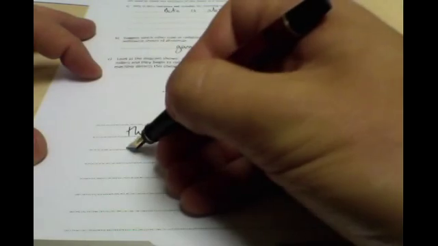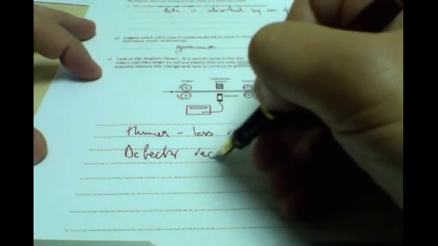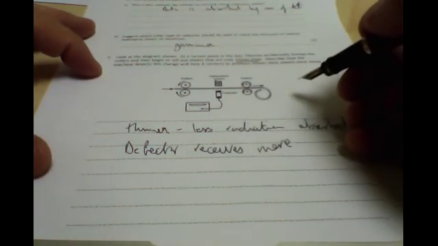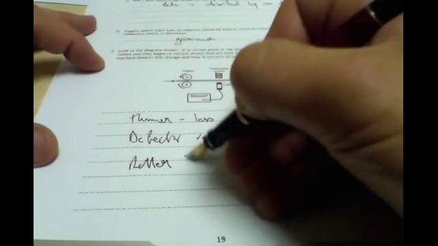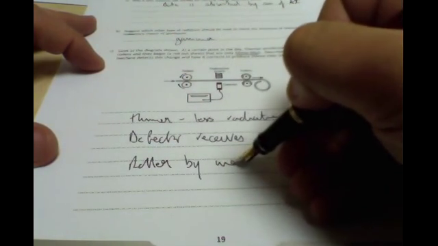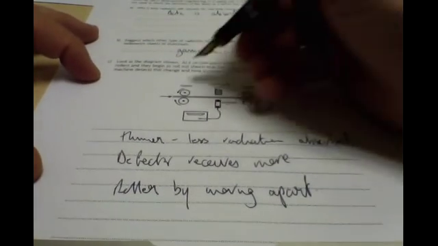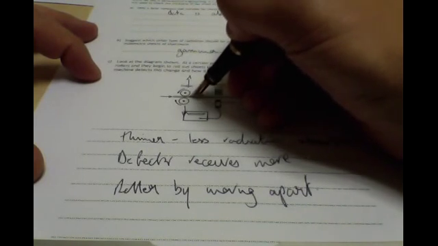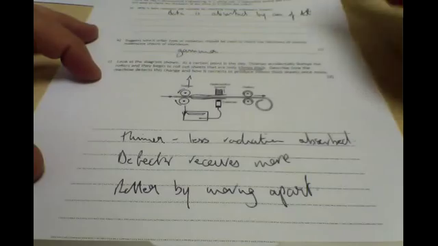So therefore the detector receives more, and then the rollers compensate by moving apart. And if the rollers move apart, that which comes through will be thicker, and then it will correct itself.